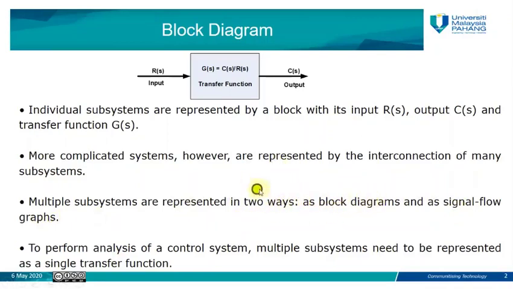In order to simplify such a complicated control system, we need to perform reduction techniques in the case of the block diagram, or we need to use Mason's rule in the case of the signal flow graphs. After we simplify the complicated control system, we can perform further analysis to study the transient response, steady state response, and also find the stability of the system.